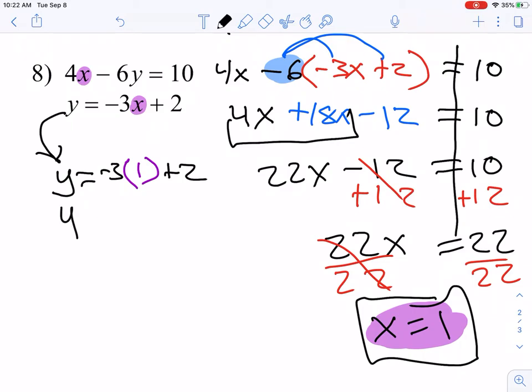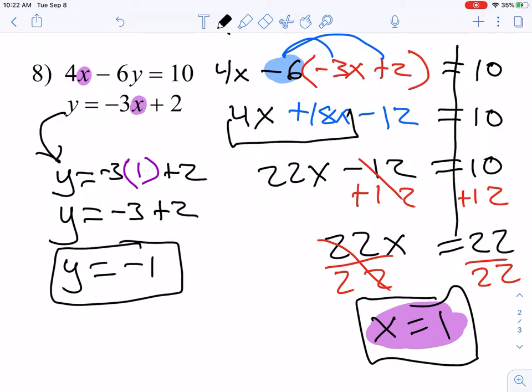So now I'm just solving this out. y equals negative 3 times 1, which is negative 3, plus 2. And negative 3 plus 2 is negative 1. So I found that y equals negative 1. So I write my answer as an ordered pair. My x value, which was 1, comma my y value, which was negative 1.